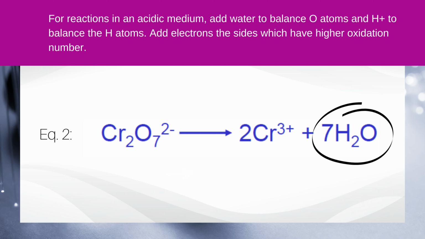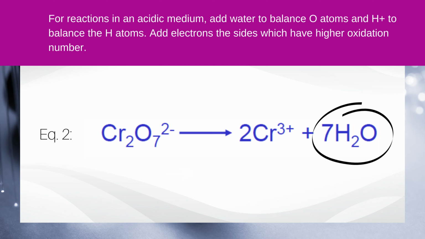To balance oxygen, we add H2O. The amount of H2O added is equal to the amount of oxygen atoms at the reactants. Here we have 7 oxygen. So we add 7 H2O at the right side. Now we need to balance the hydrogen.